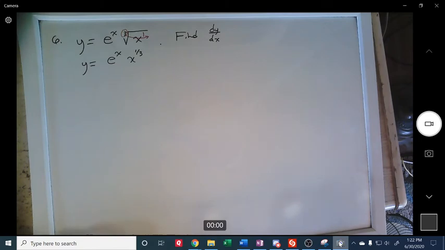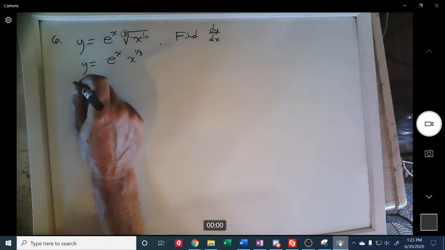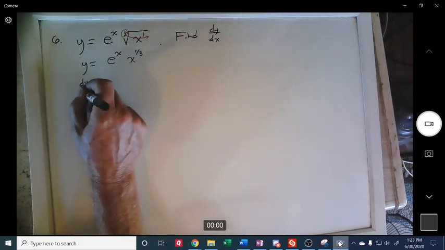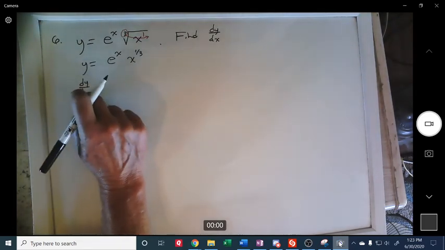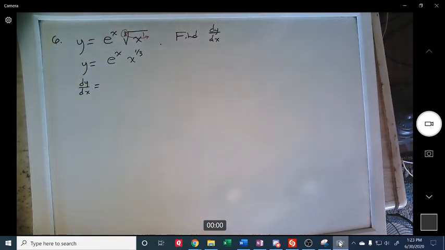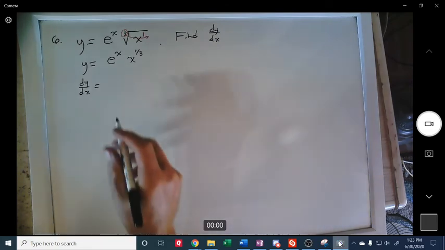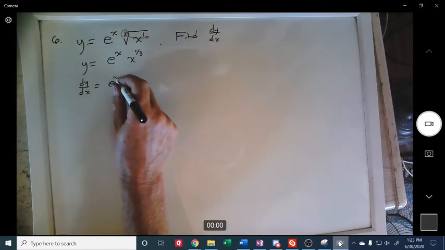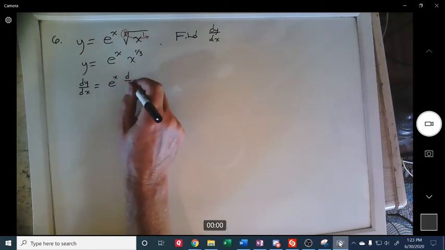Okay. So now that I have it in a format that is easy to take the derivative of, I will go into dy dx, the derivative. And now I'm just going to think of the product rule as I write things down. It's the first times the derivative.